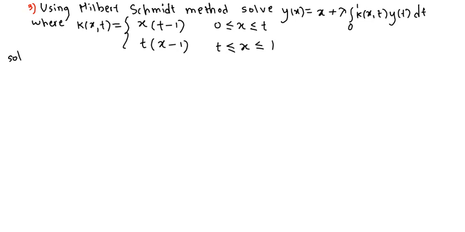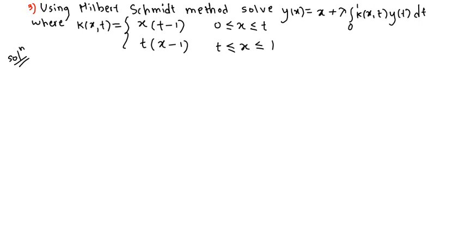We want to find a solution of this non-homogeneous Fredholm integral equation with this kernel by using the Hilbert-Schmidt method. So in the Hilbert-Schmidt method, what do we need? We need the eigenvalues and the corresponding normalized eigenfunctions of the homogeneous equation.